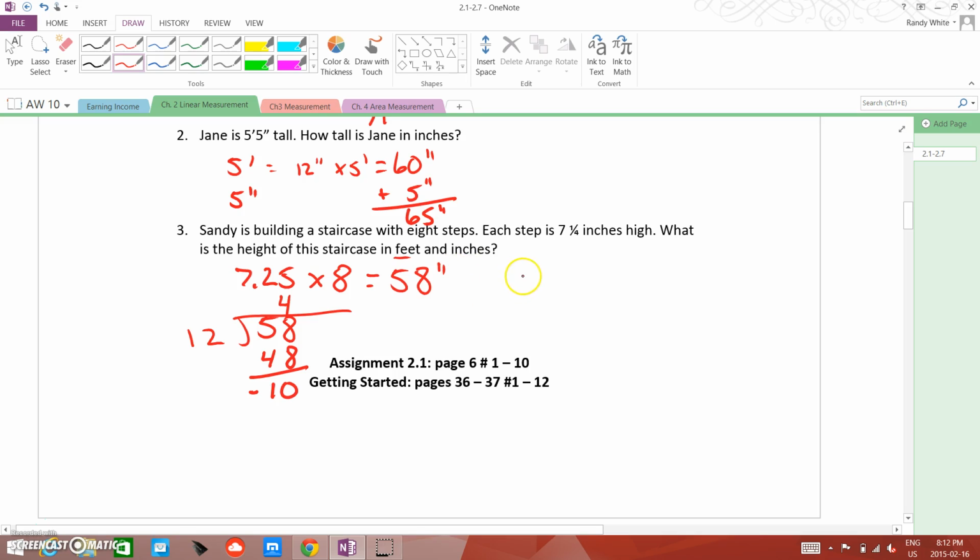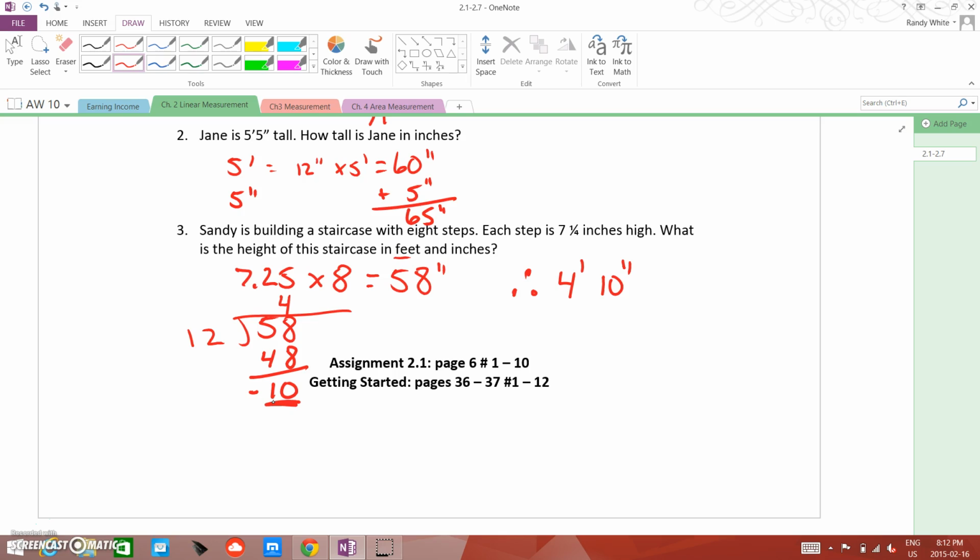So that means, this is the symbol for therefore, it is 4 feet and 10 inches, because there's that 10 left over. Best way to try to do these is to practice them and try them out yourself.